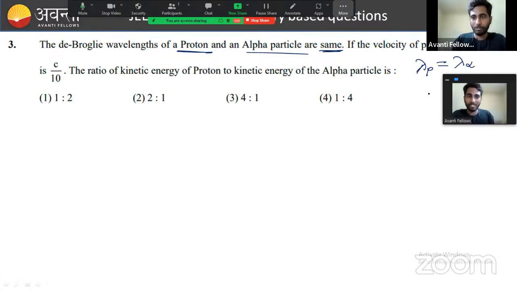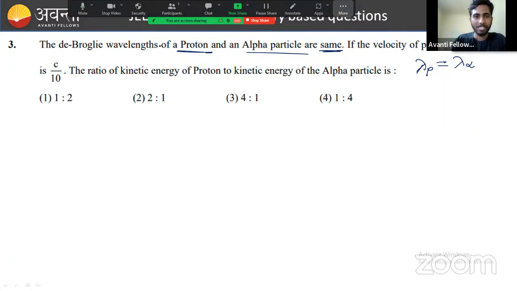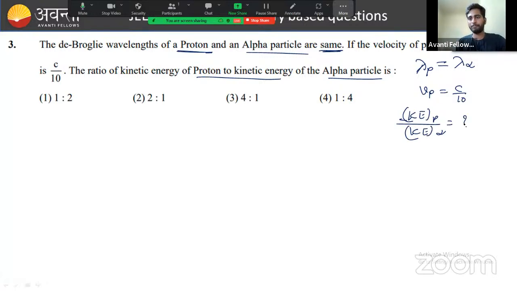If the velocity of a proton is c by 10, then the ratio of kinetic energy of proton to the kinetic energy of alpha particle, we have to calculate.